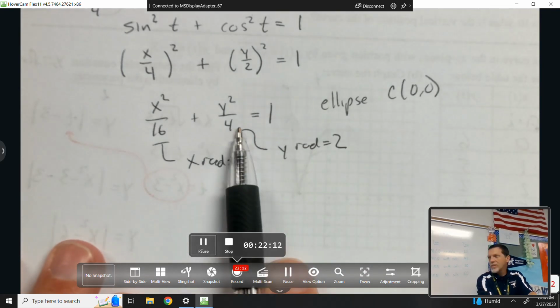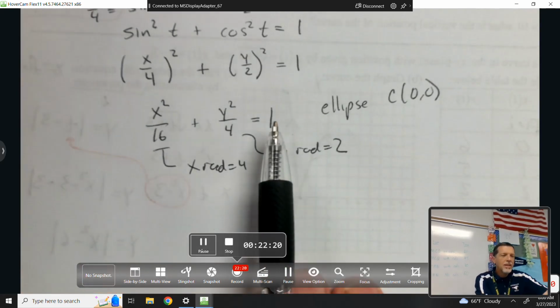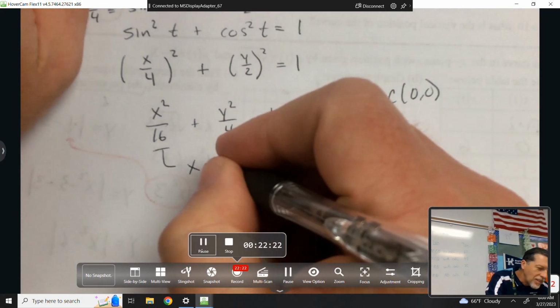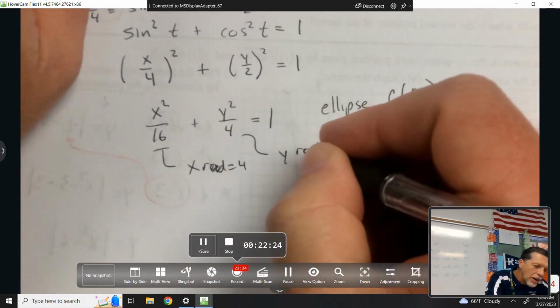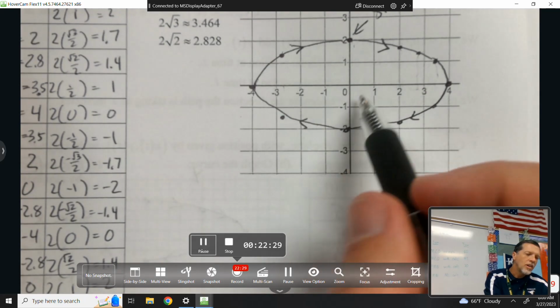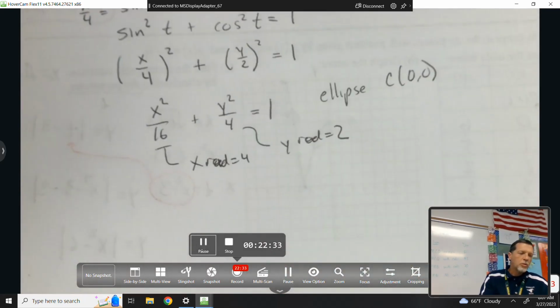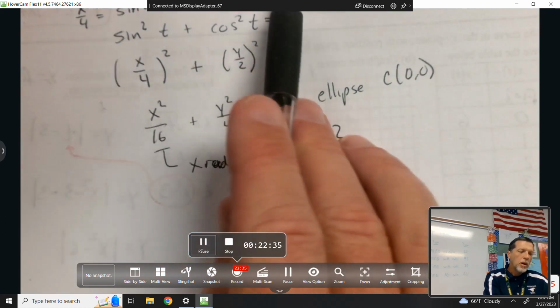Do you remember that from graphing ellipses long ago? It's like, oh, yeah, kinda. So you look back at our picture, and yeah, that's centered at 0, 0. We went left and right 4 and up and down 2. So we transformed this from a parametric equation into an XY equation.